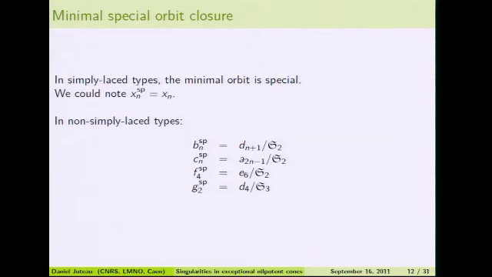But if you look at the minimal special orbit closure in the other types, you can get it as a quotient by the same group of symmetries of a minimal orbit closure of a simply laced type. So on one side, we have a simple singularity with an action, and on the dual side, we have a minimal singularity of ADE type, but quotiented by some action. And here you have more orbits in between.